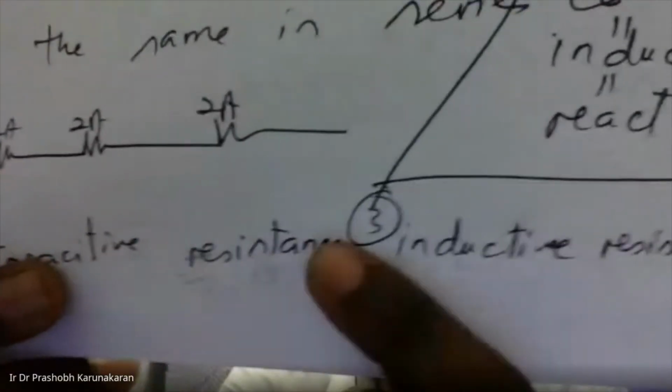So inductive reactance and capacitive reactance, how they solve the problem. Why? Because when the AC is going inside the inductor, the current will go behind the voltage. Okay?